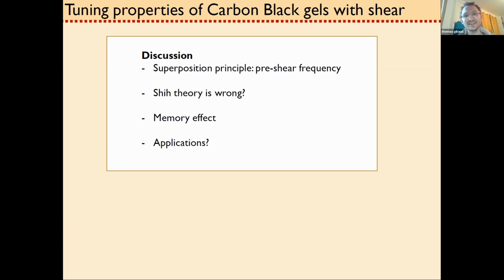And at the end, I decided that's probably not the case, because basically I'm changing the structure of my gel. And that's against this superposition idea that you can just, by tuning the temperature or some condition, tune the dynamic of the system, but keep everything similar. Here, we're changing stuff.